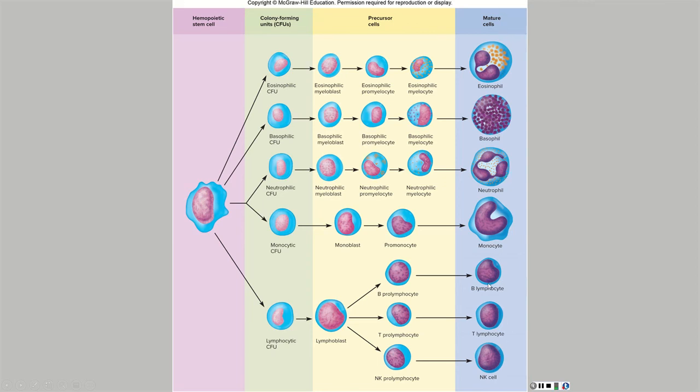Now down here you will see B lymphocyte, T lymphocyte, NK cell. Don't worry about those yet. Just collectively, these are all lymphocytes. We will learn about the different types of lymphocytes in the immune system. So, begin with a hemopoietic stem cell, then we go colony-forming unit, then we go actual leukocyte.